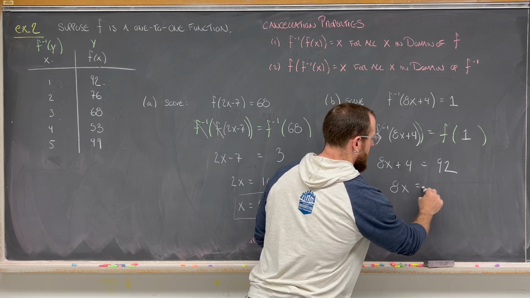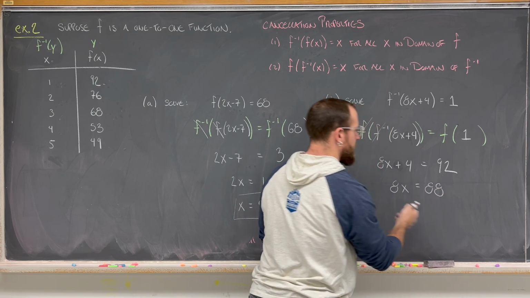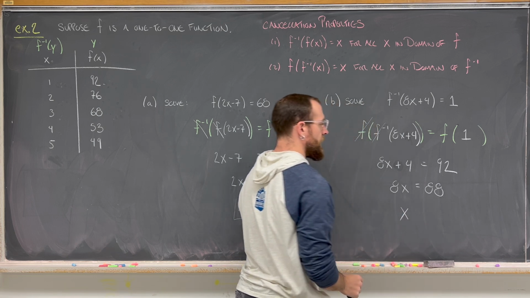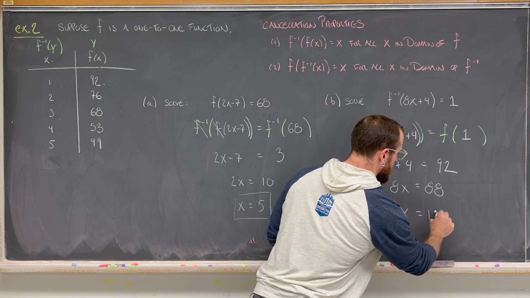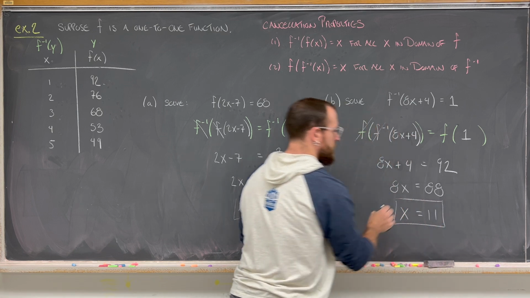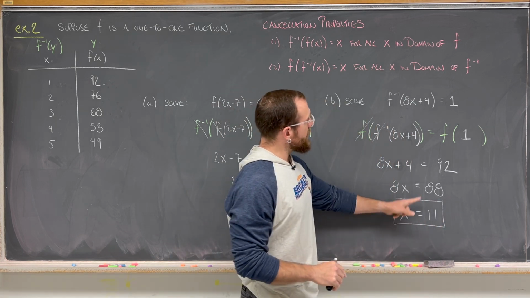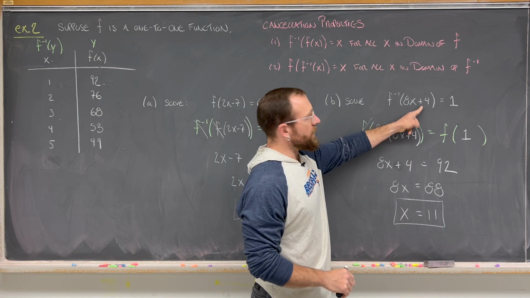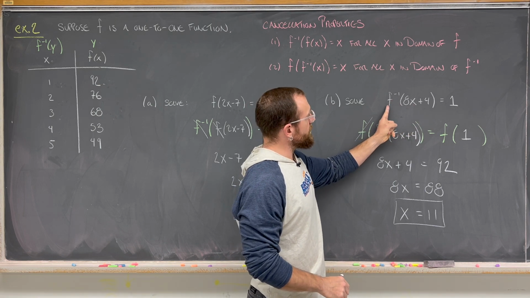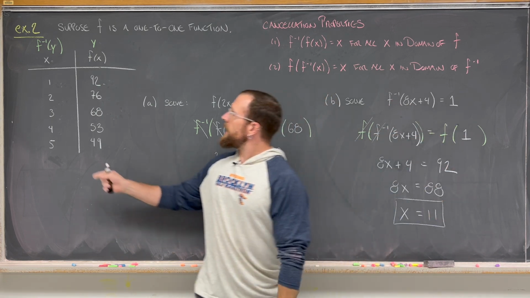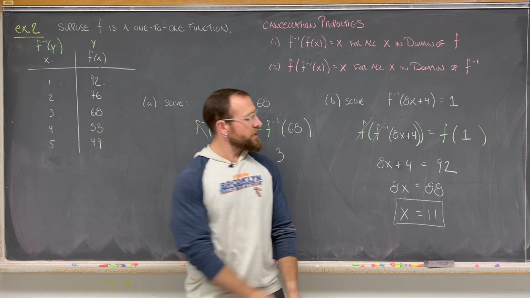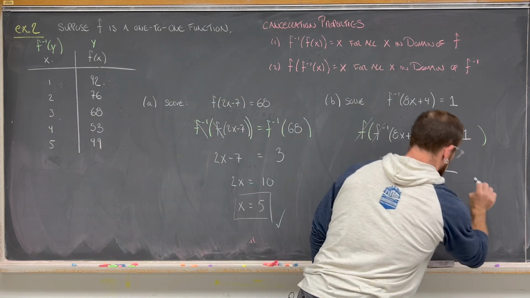I find out that 8x is equal to 88. And if I divide both sides by 8, I get that x is equal to 11. You can check this answer. If x is 11, then 8x plus 4 is 92. And this says that f inverse of 92 is 1, and f inverse of 92 is 1. So this also checks.